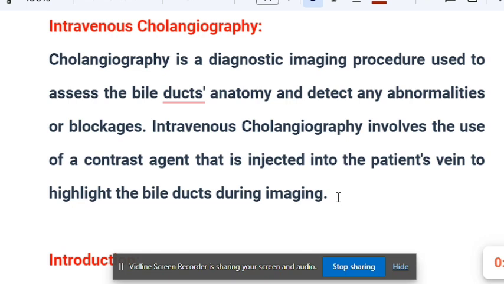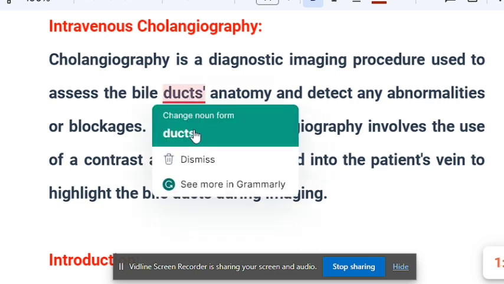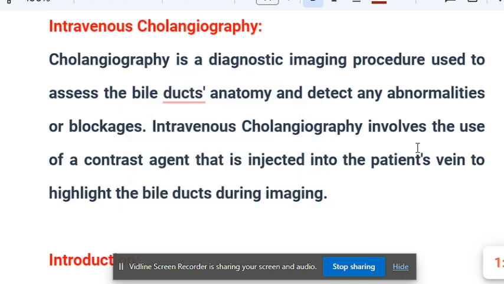So, what is intravenous cholangiography? Cholangiography is a diagnostic imaging procedure used to assess the biliary duct, right? As you know, biliary ducts are responsible for supplying bile to the gallbladder as well as to the duodenal region, and it helps in the digestion of fat.